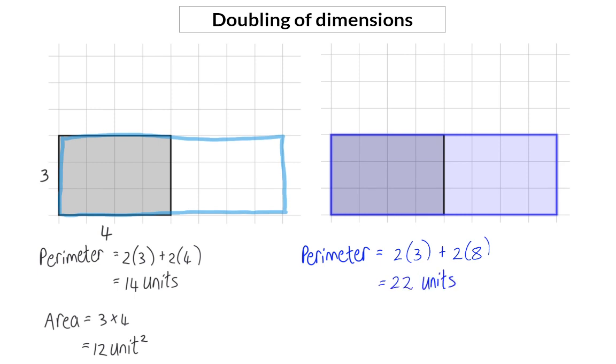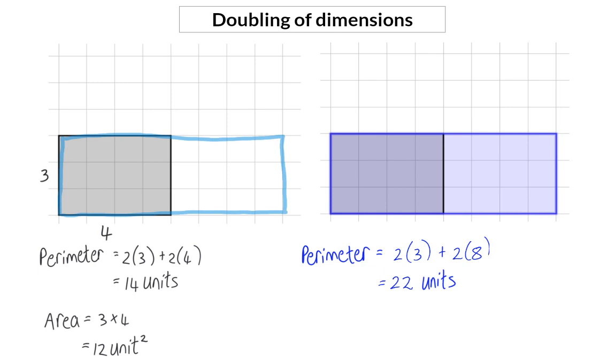Because we didn't double all the dimensions, the perimeter also didn't double. It was simply lengthened by the extra 4 units at the top and bottom. So this time the perimeter is simply 8 units bigger.